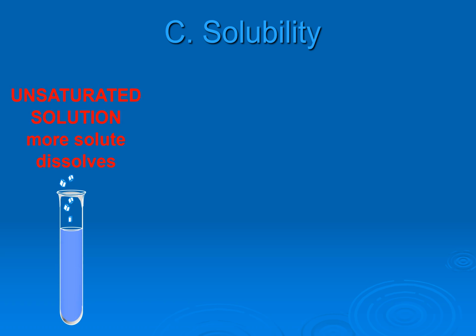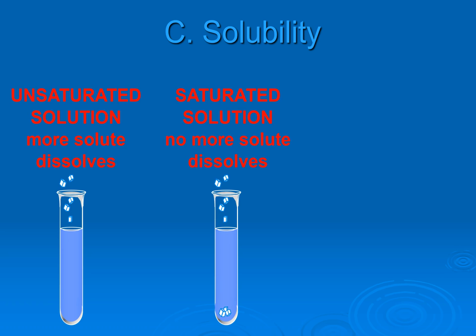So with an unsaturated solution, you're able to keep dissolving more and more solute. A saturated solution is like Goldilocks and the Three Bears, right? Unsaturated, sure, keep adding in more sugar, more solute. Saturated solutions are where no more solute is going to dissolve.